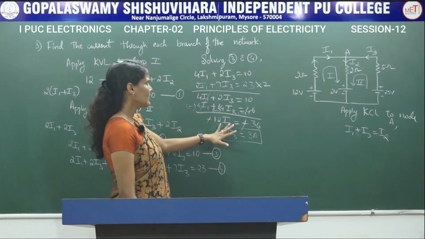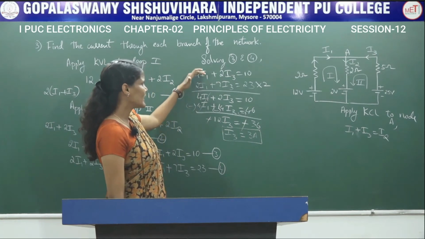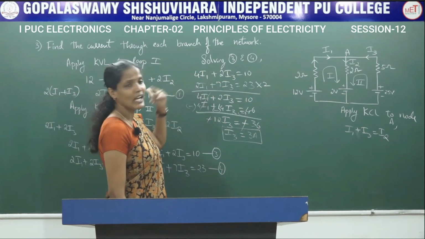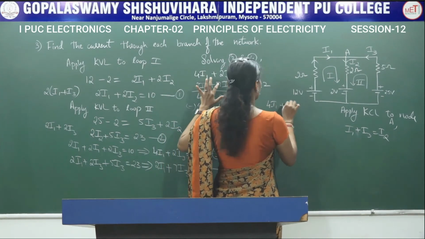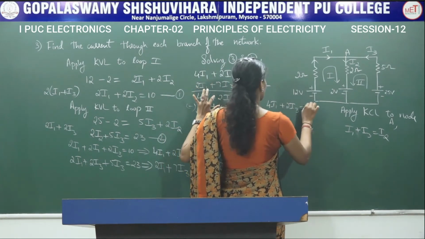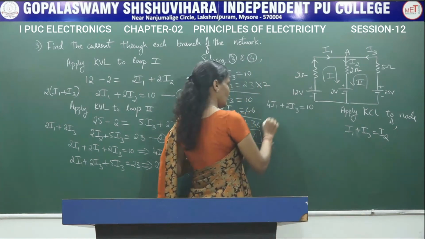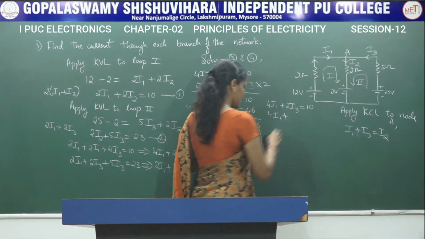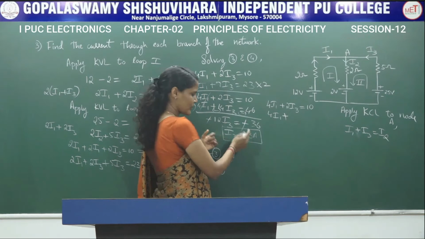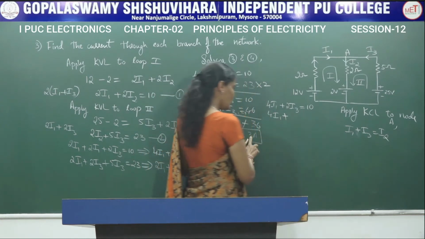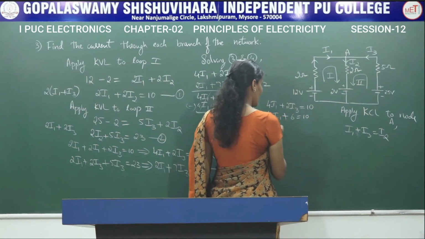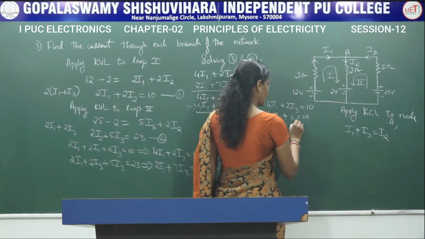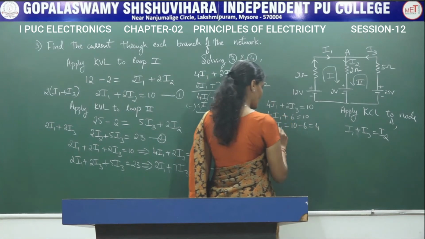Right? We have got the I3 value. So let us use any of these relationships and find the I1 value also. 4I1 plus 2I3 is equal to 10. So in 4I1 plus 2I3, we substitute I3 as 3. 2 into 3 gives me 6, equal to 10. 4I1 is equal to 10 minus 6, which is 4.